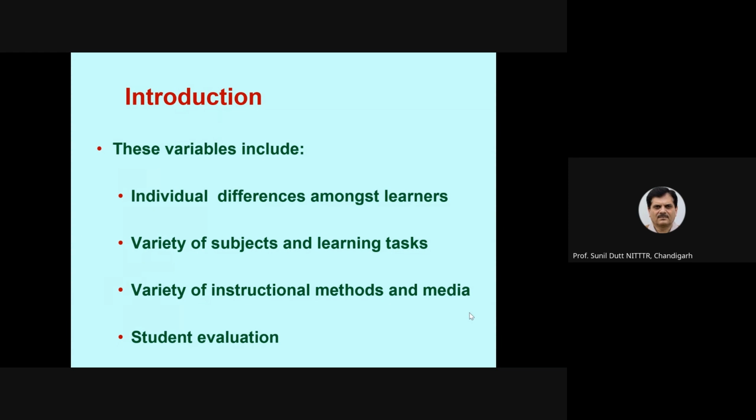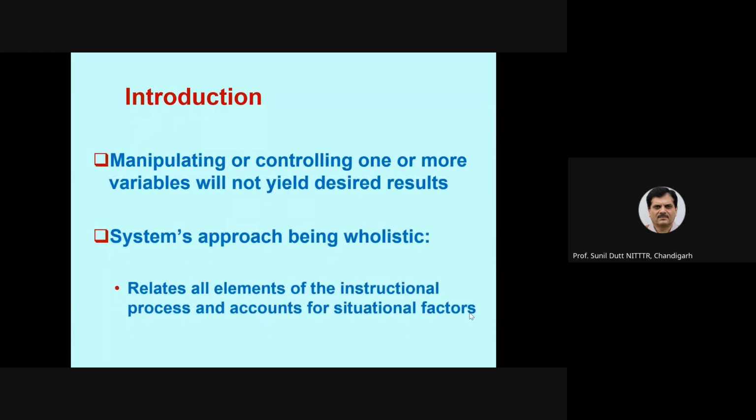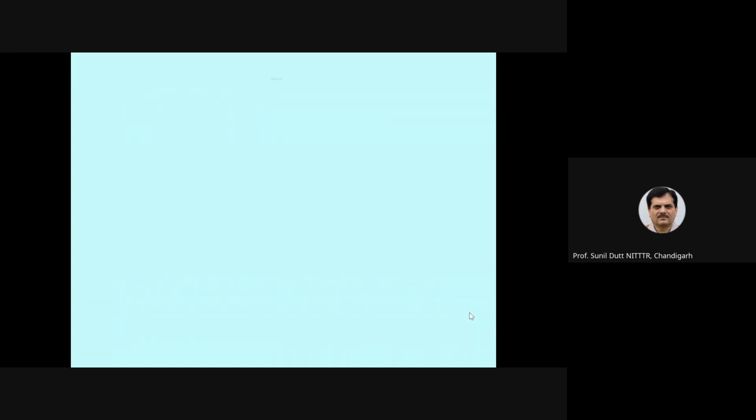So these are some of the factors. You cannot control any one factor in isolation. So you have to employ a system approach because it is a holistic approach. System approach relates all the elements of the instructional process and accounts for the situational factors.